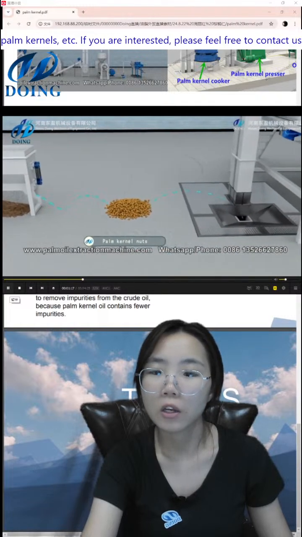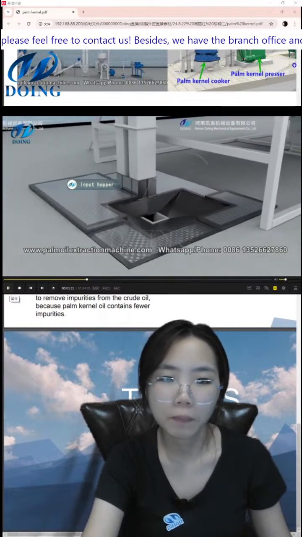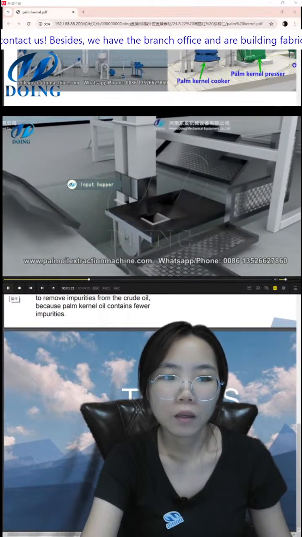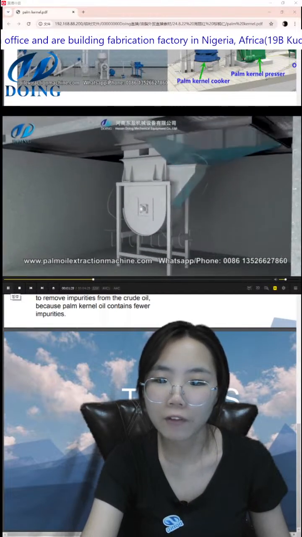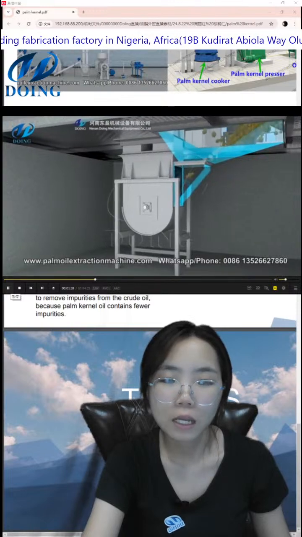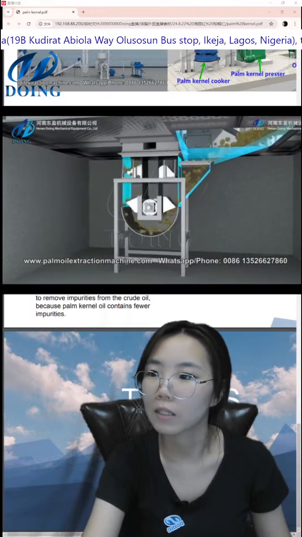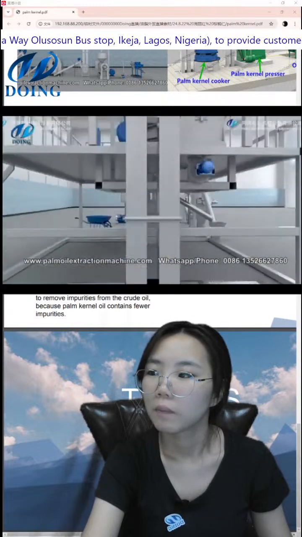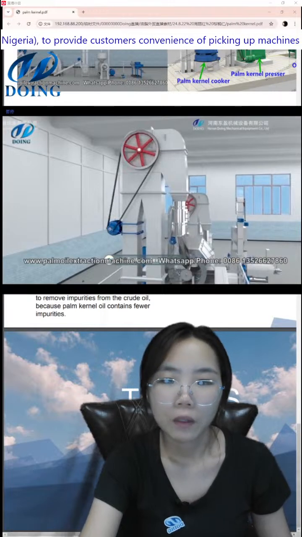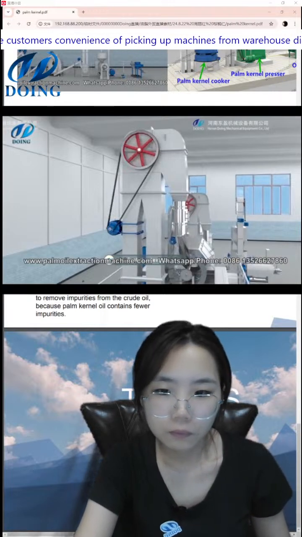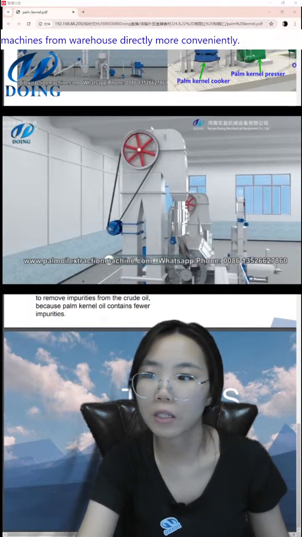Next is the kernel shell separation equipment. The clean palm nuts enter the bucket elevator from the feed port and are evenly sent into the magnetic separator. And we can see this is the elevator, and this is a magnetic separator.